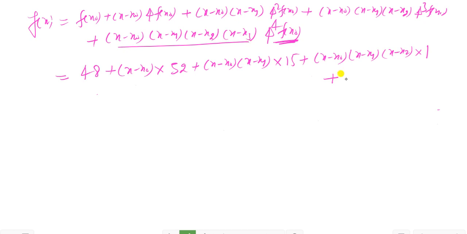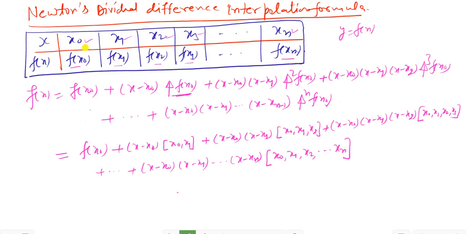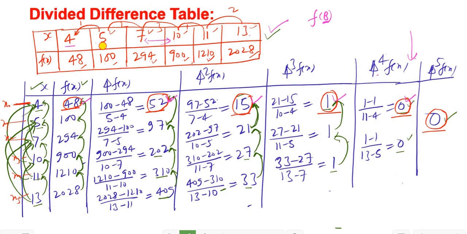So this term is equal to 0 and the rest of the terms will be 0. So f of 8 is equal to 48 plus 8 minus x naught, where x naught is 4 in the given table, that is x naught, x1, x2, x3, x4, x5.